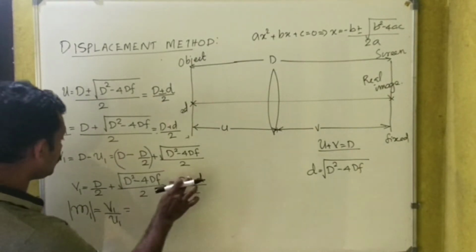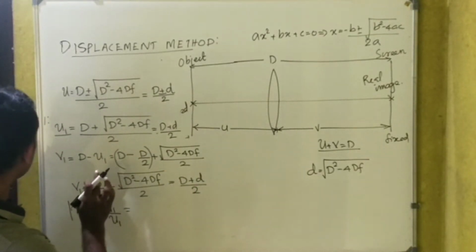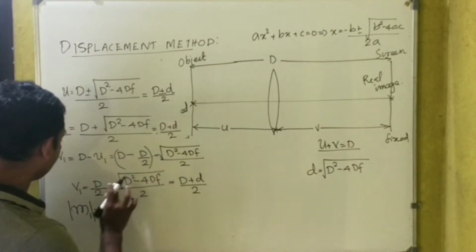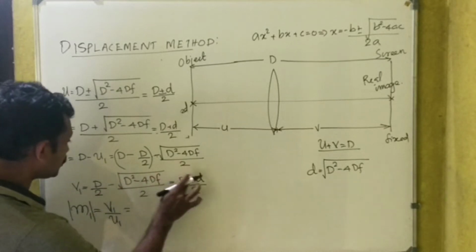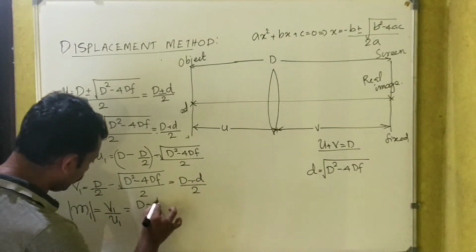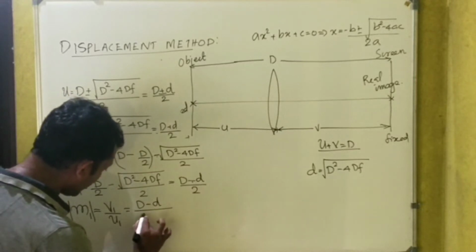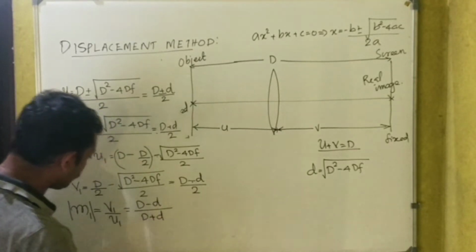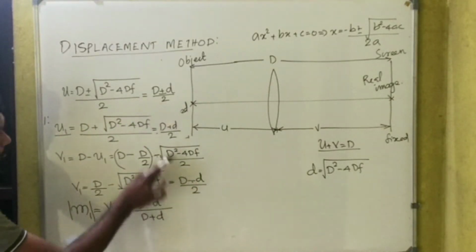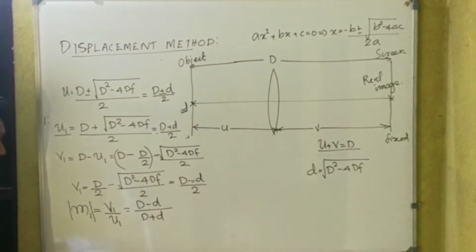Sorry, I made a mistake. So this is minus here, right? Minus. So D minus small d divided by D plus small d. This you can prove by dividing this equation by this equation, right? 2 is common in the denominator, so it will cancel.